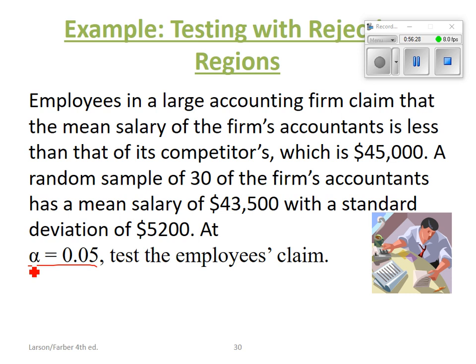This is what we're testing. So remember, zero's right here. I look over here and I have to figure out where that falls in relationship to that line right there. Is it going to be in the shaded part or is it going to be in the white part?